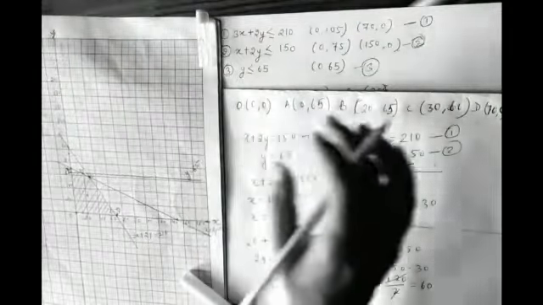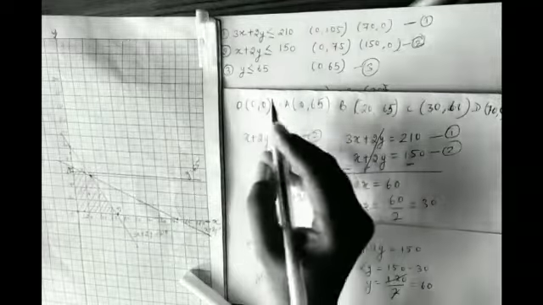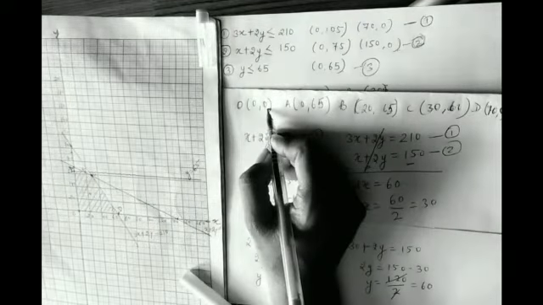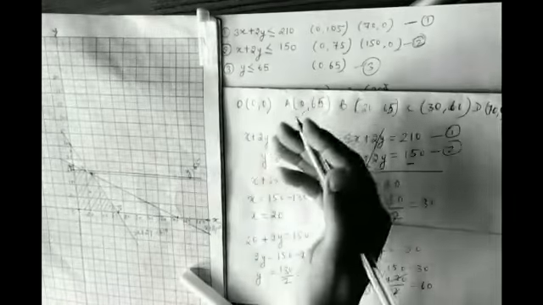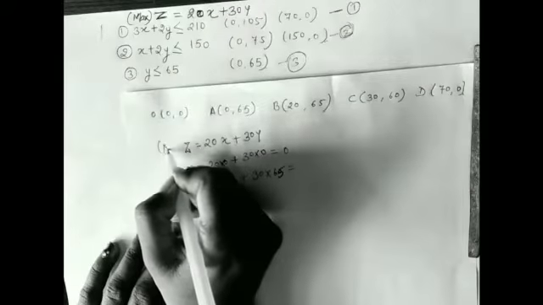Now we have to find which among these 5 points will be the optimum point. We can find this by putting the values of x and y in our objective function, and we can find at which point the profit is maximum. So this is our objective function, and we have to maximize this.